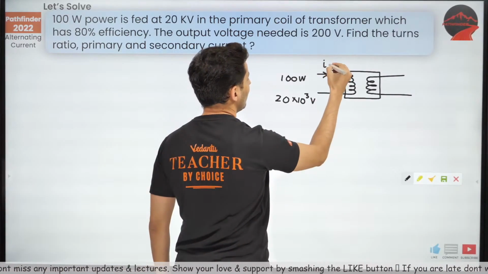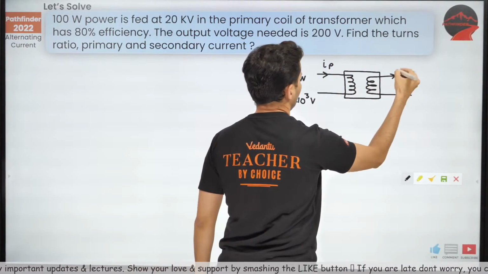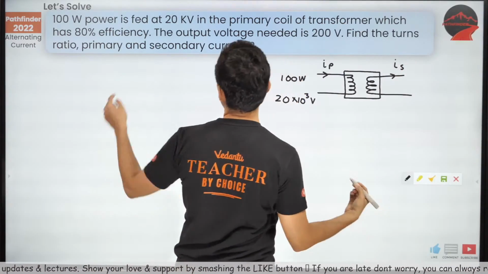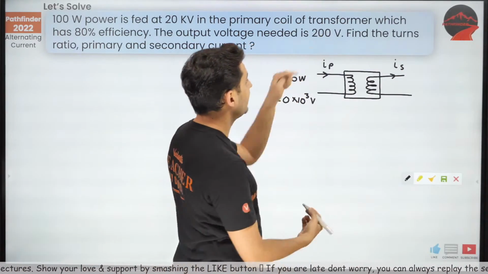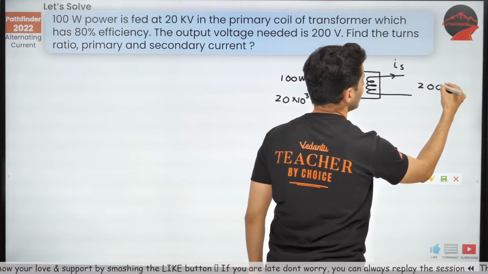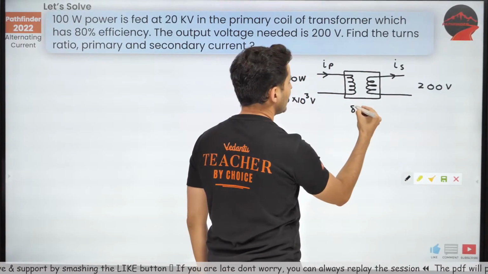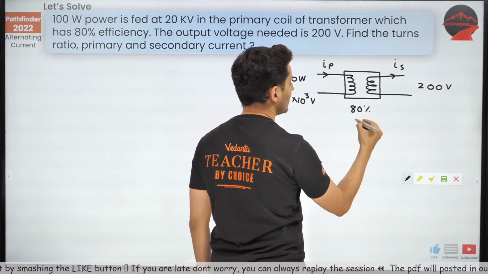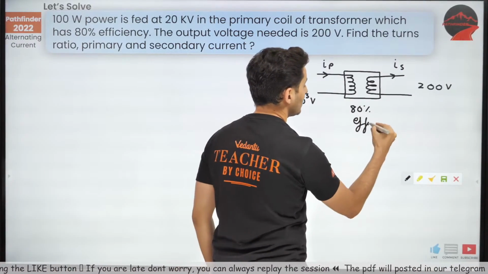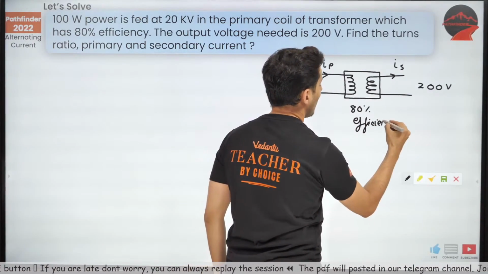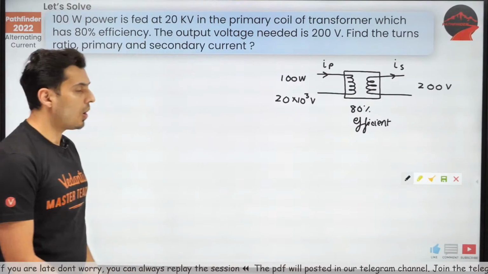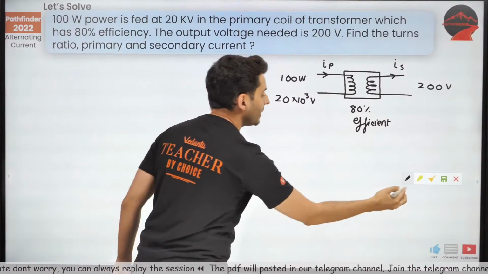The primary current I do not know. Secondary current I do not know. The output voltage needed is 200 volts. And this is 80% efficiency, or 80% is the efficiency of the transformer.